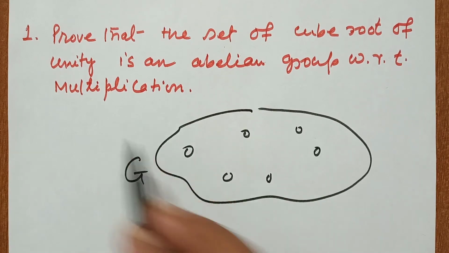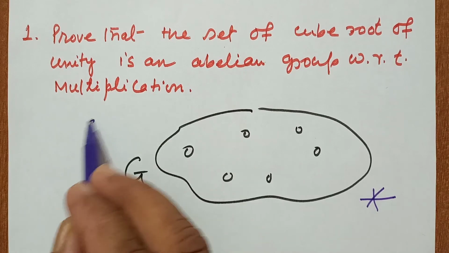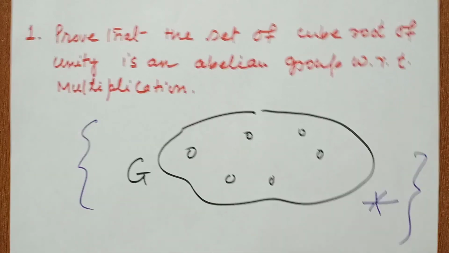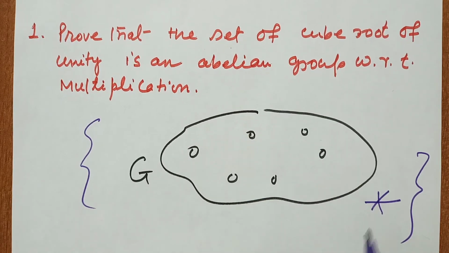Then we take a binary operation, meaning some operation. So this is a structure: a non-empty set and an operation.